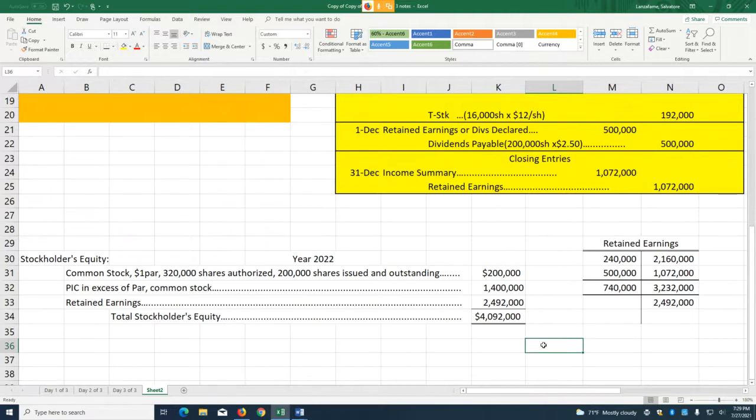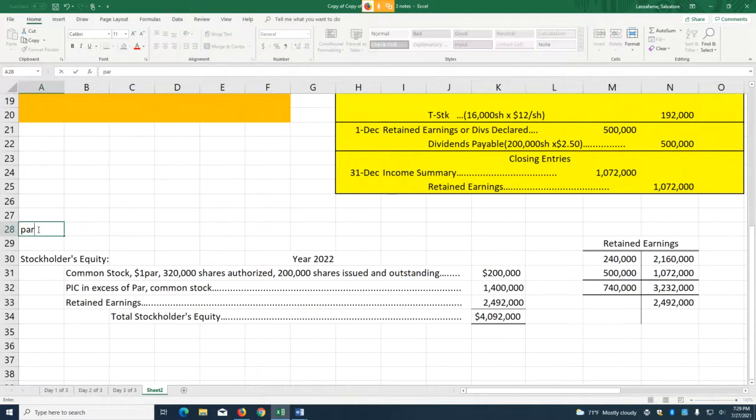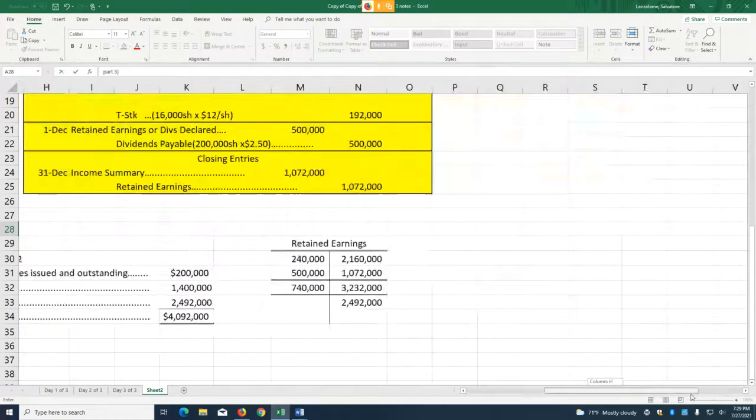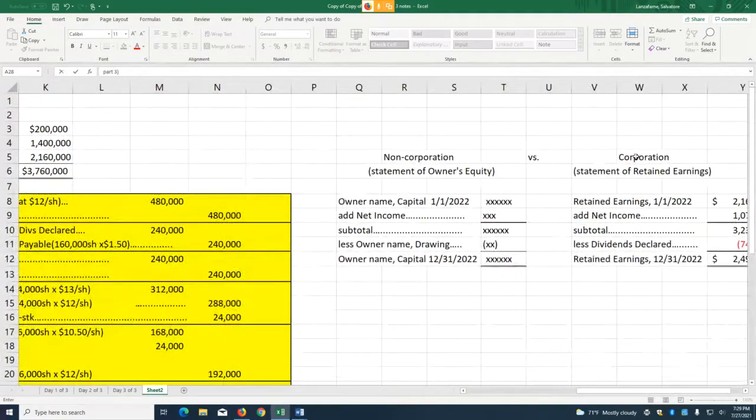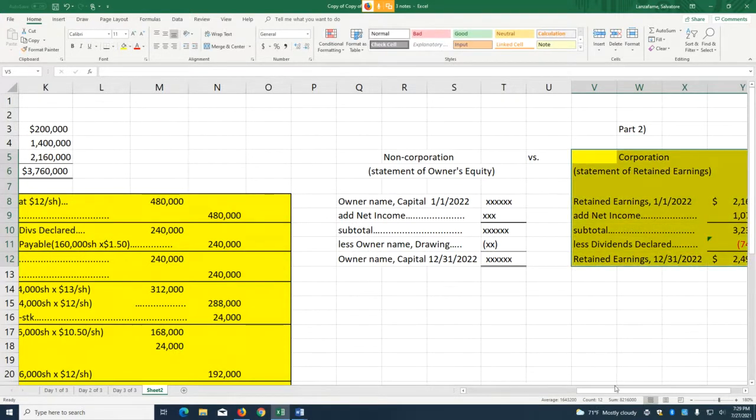Okay, and that's what they wanted you to do in part 3. So those are the 3 questions. This is part 3. Part 2, you don't have to do a side-by-side comparison. I just did that for teaching purposes. That was part 2 right here.